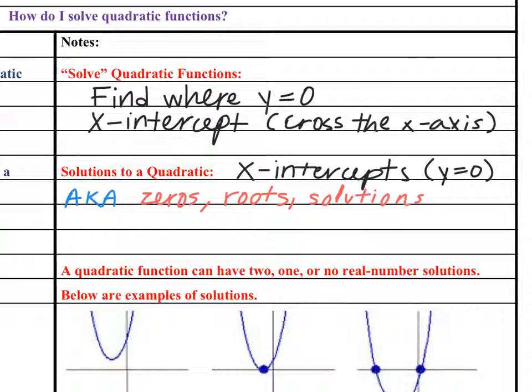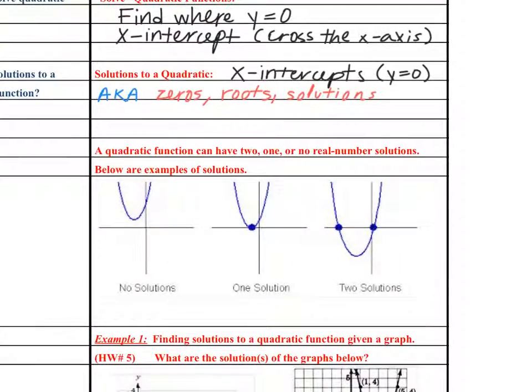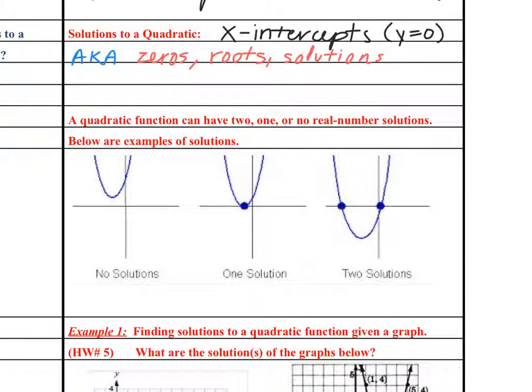Okay, here's some examples of your solutions. A quadratic can have 2, 1, or none. So over here, this is no real solutions. How come?